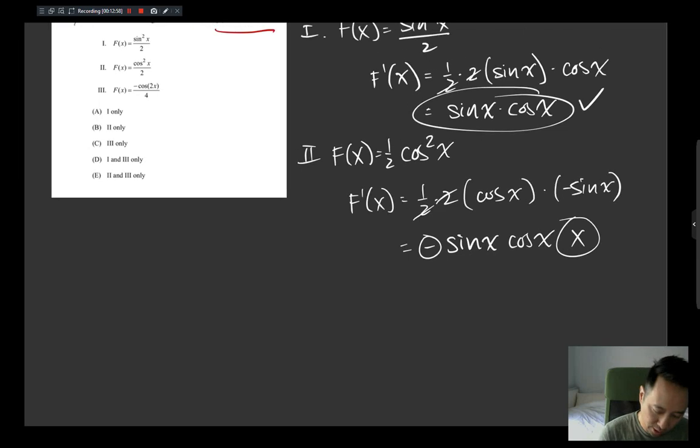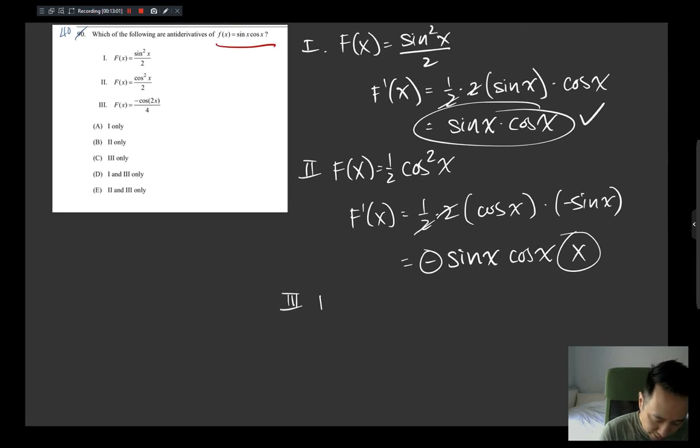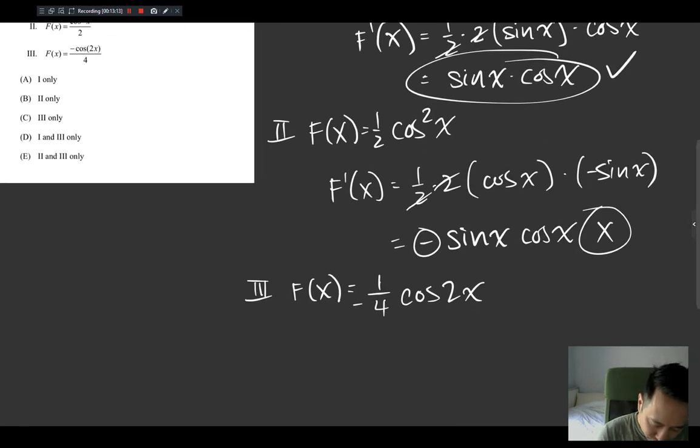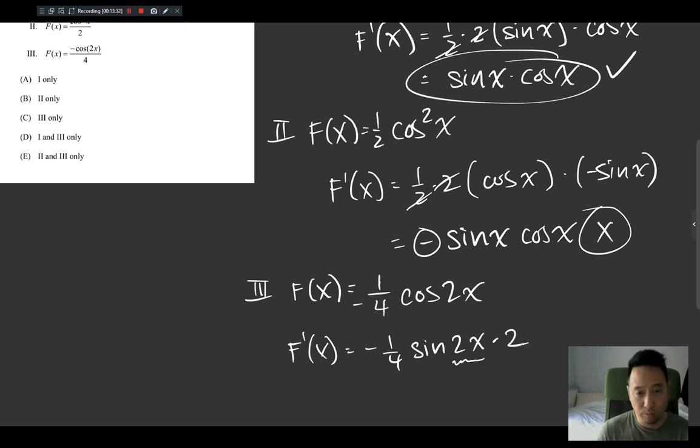Okay, choice number 3. I got f of x equal to, I'm going to put that negative 1/4 on the front, and I have a cosine of 2x. All right, so here we go. F prime of x equals negative 1/4. The derivative of cosine of 2x is going to be sine of 2x, times the derivative of the inside part, 2x, times 2.